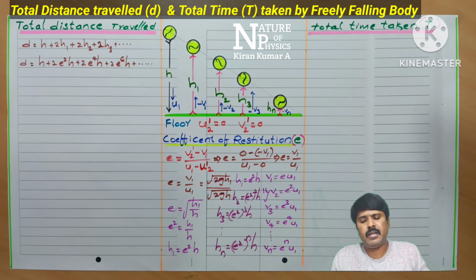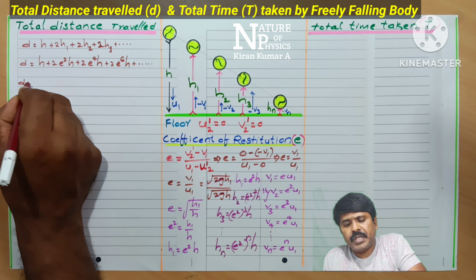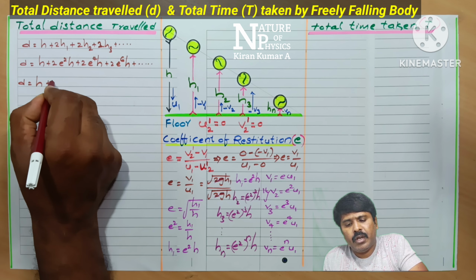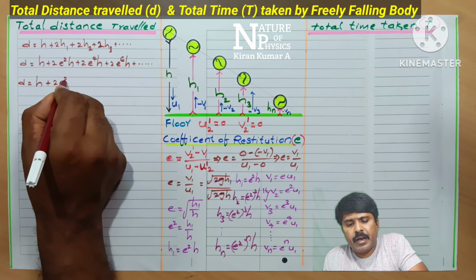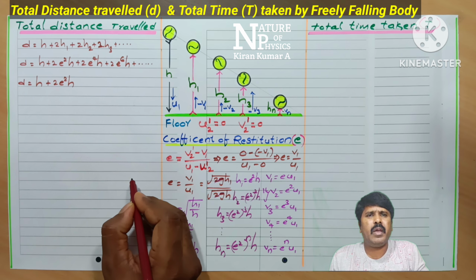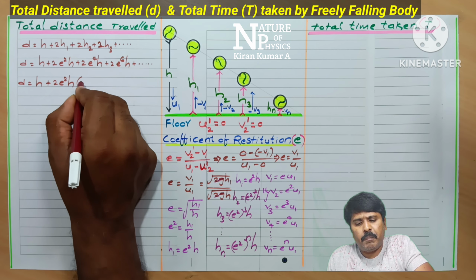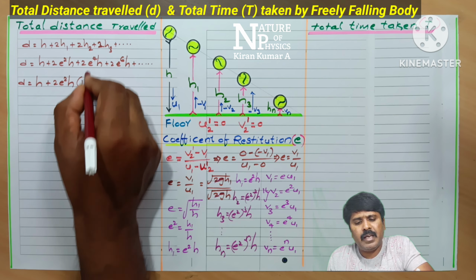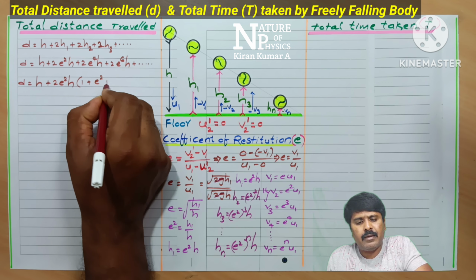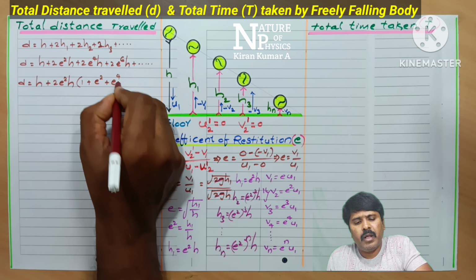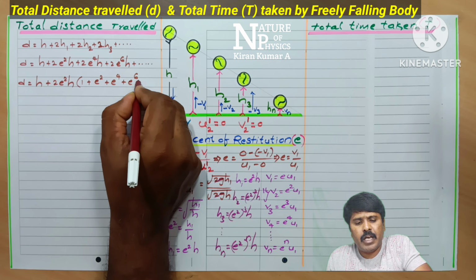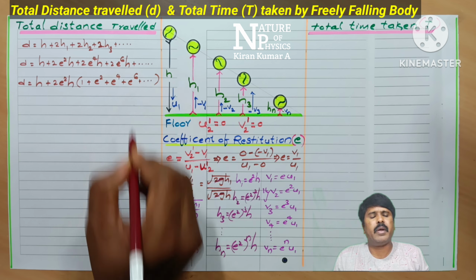so on, student. And then d is equal to h plus 2 e² h common. Okay, so that is 1 plus, this value is 1 plus e², and this is e to the power of 4 plus e to the power of 6 up to so on, student.